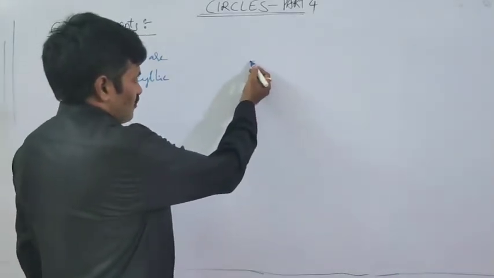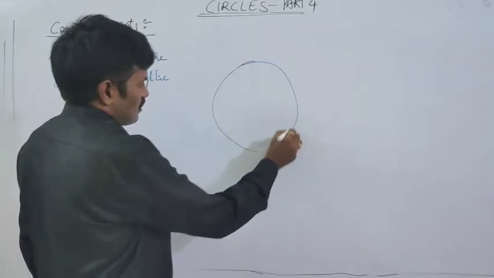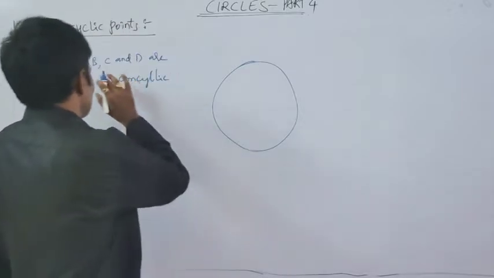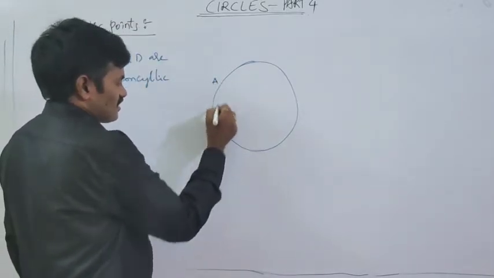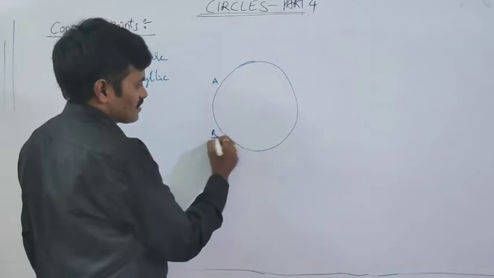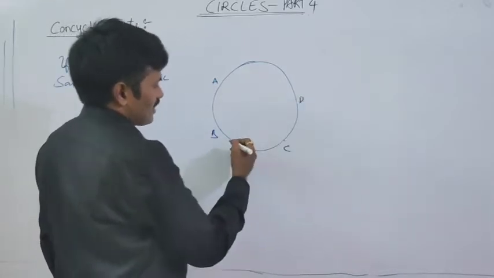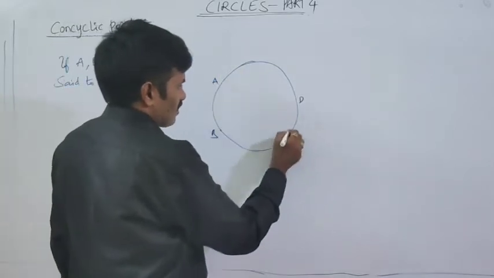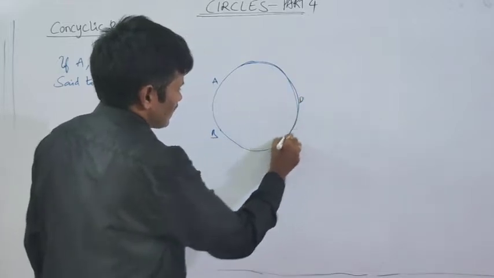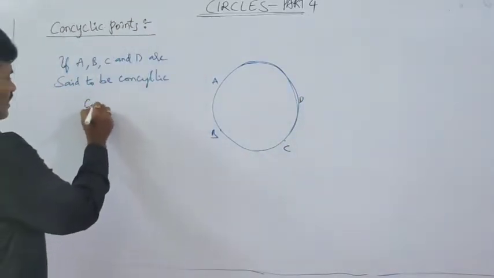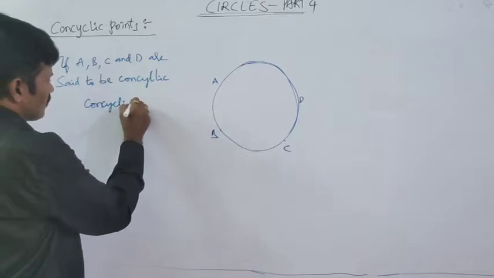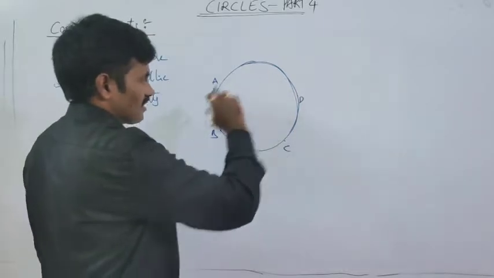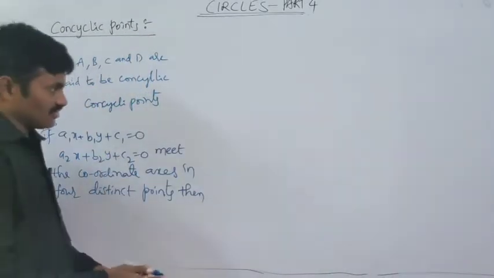See, if you consider a circle with center and some radius, if these 4 points lie on the same circle, on the circumference of a circle, then these 4 points are said to be concyclic points. These 4 points must lie on the same circle. This is the definition of concyclic points.